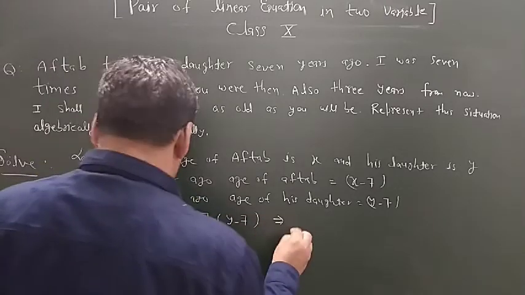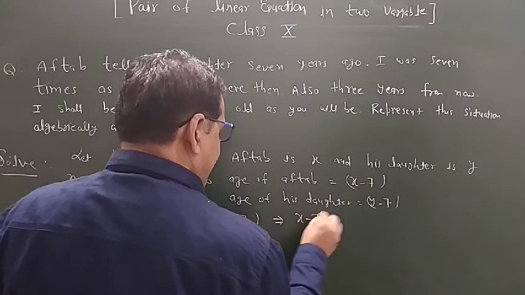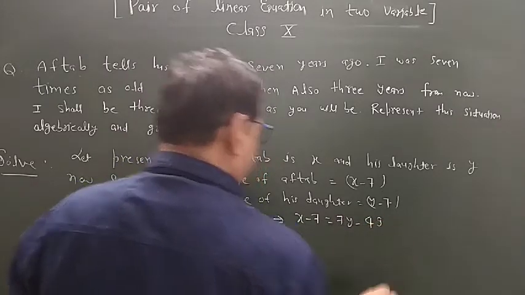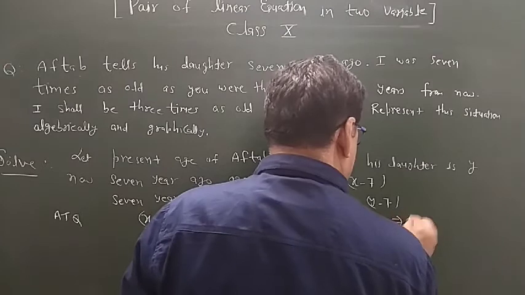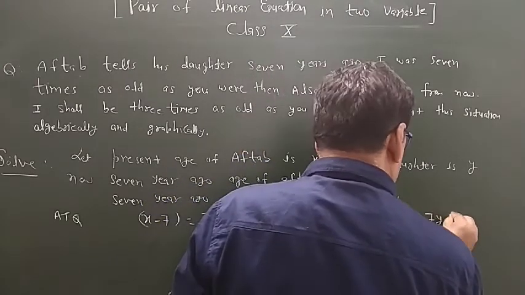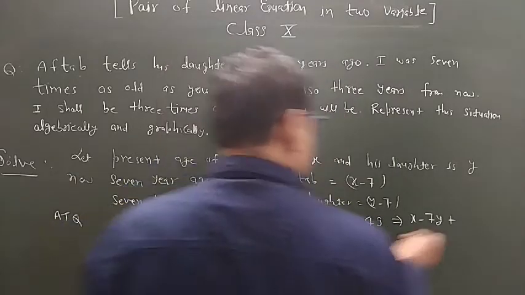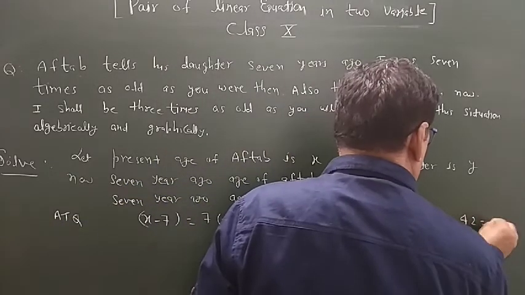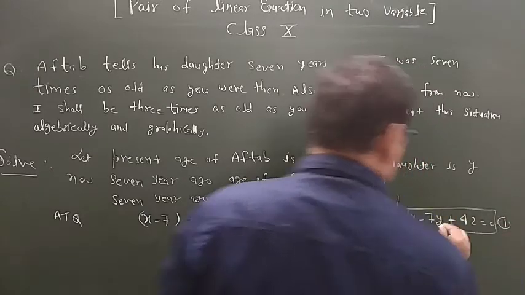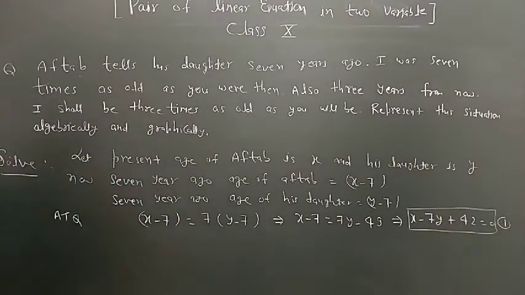This can be expressed as x minus 7 equal to 7y minus 49. This implies that x minus 7y plus 42 equal to 0. This is the first linear equation in two variables based on this question.